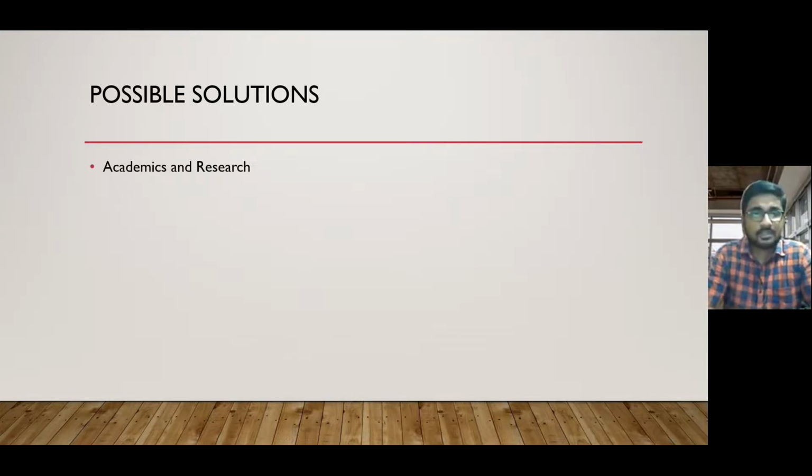First of all is academics and research. Academics and research is one of the major aspects for any department, any educational institute. Why? Because an engineering institute is known by its research, how the faculties are doing their research.